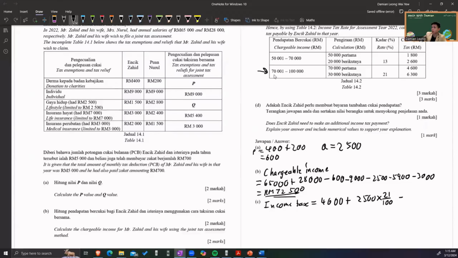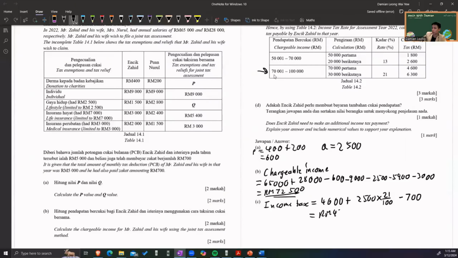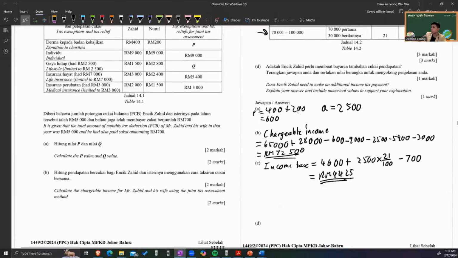But we have to minus the zakat, because zakat works as a rebate, so we have to minus it when we calculate the income tax. So 4,600 plus 2,500 times 21% minus 700, which gives us 4,425 ringgit.